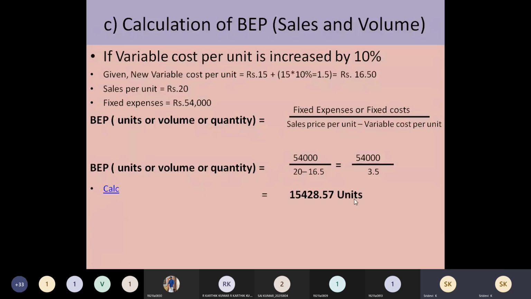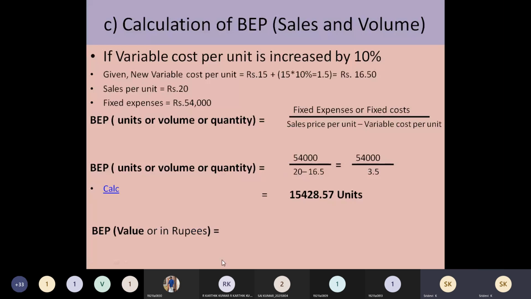Otherwise you can round it to 15,429. But you have to mention that it is units. We must mention that it is units, otherwise there will be confusion whether it is in units or rupees.